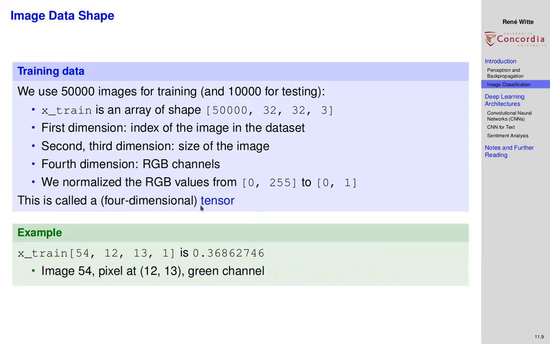Just as an example, if you access the element X train 54, 12, 13, 1, you get a certain value, 0.3686. So this is image number 54, looking at the pixel at the coordinates 12, 13, and looking at the green channel. Red is 0, green is 1. And the value of that channel is the normalized value from 0 to 255, which is 0.36.